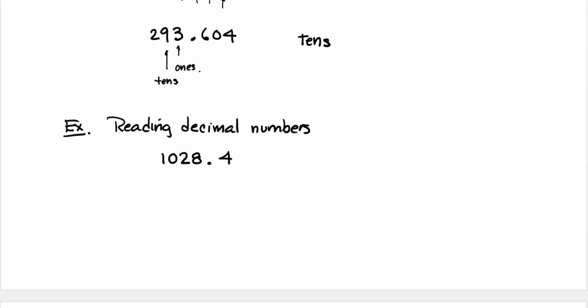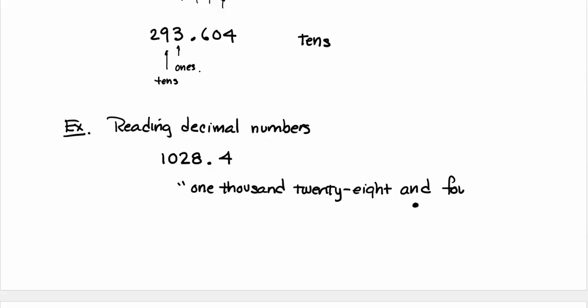So again, this is 1,028. Notice I didn't put an "and" there yet. Now, after the 28, I have the "and" because that's equivalent to my decimal. 4, and what place value is that 4 in? 4/10. Okay, so that's how I would read that properly.